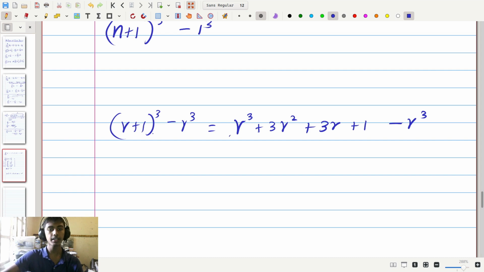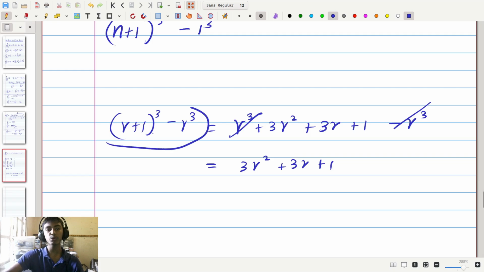We can see here that this plus r cubed and minus r cubed cancel, leaving us with just 3r squared plus 3r plus 1. Therefore, summing together individual terms of the form r plus 1 cubed minus r cubed is the same as summing the terms 3r squared plus 3r plus 1.